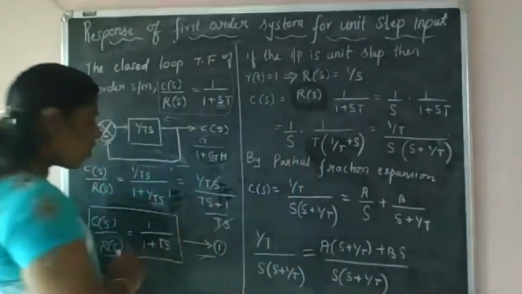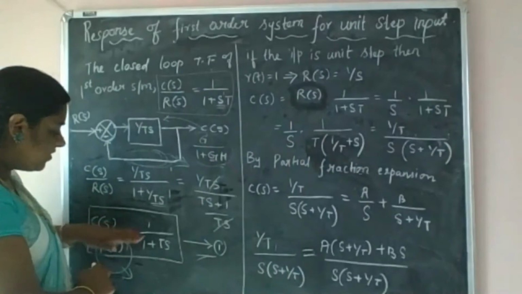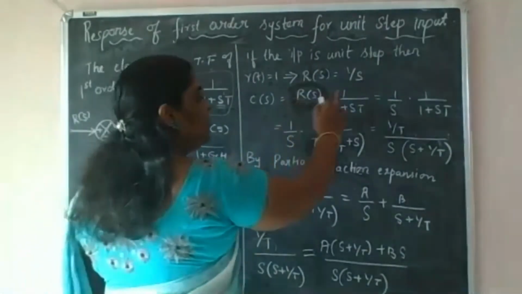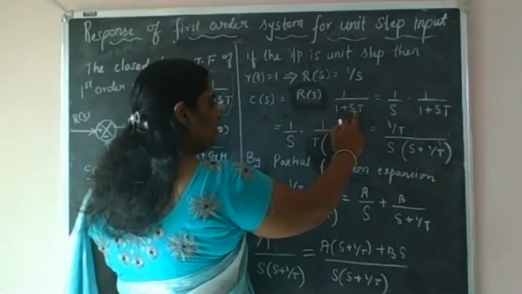Cross multiplying, C(S) is equal to R(S) divided by 1 plus Ts, that is, R(S) into 1 divided by 1 plus Ts.